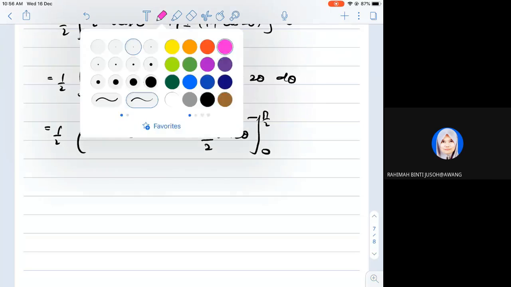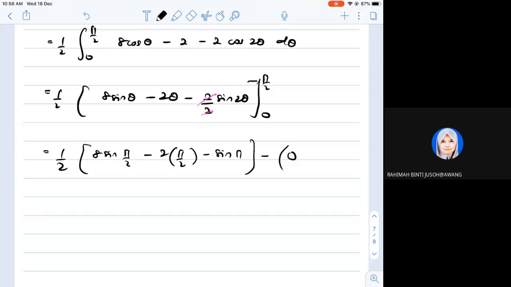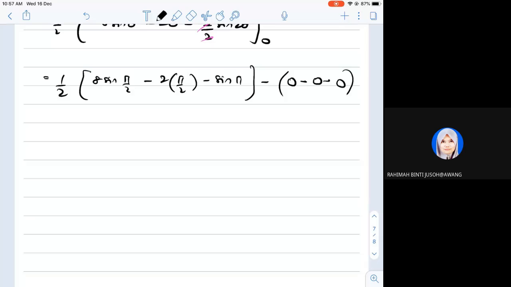So again, this one can be cancelled. Okay, ni dapat 0 lah. Kebetulan dia 0. Kalau cos 0, tak jadi 0. So kebetulan dia sin, so everything 0 lah.